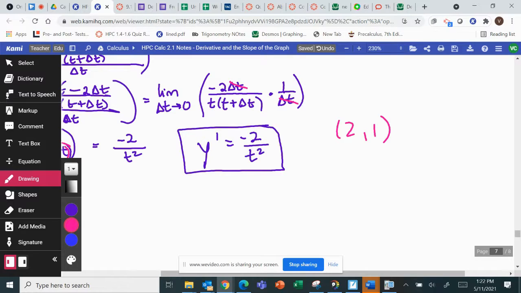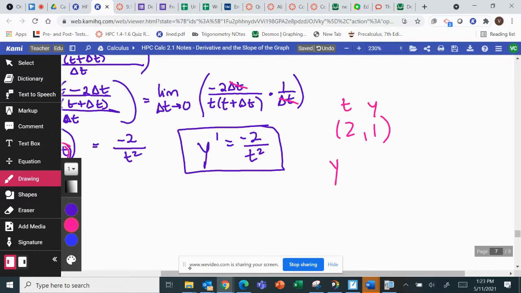Nobody knows? Eden? I would plug in 2 where? Into the t, yes, for which variable? Because there are 2 of them. The t. So this would be the t, this would be the y. But we are going to plug in only the x coordinate.